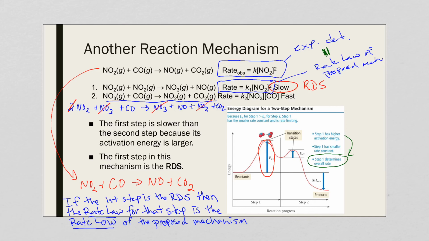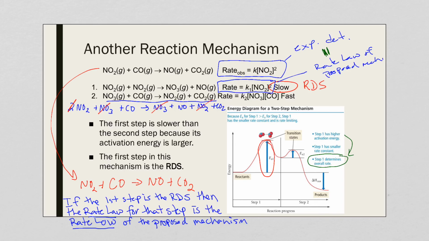Now notice I say it's a valid mechanism. It doesn't tell us it is the mechanism, right? We can't absolutely say that this is the mechanism unless we can physically observe what's happening. But what we can do is come up with a bunch of evidence to support a mechanism, and we can say that this is a valid mechanism.